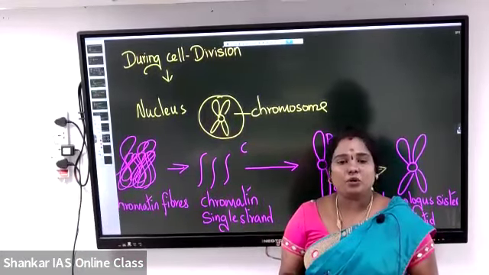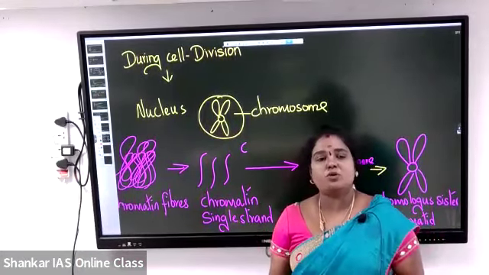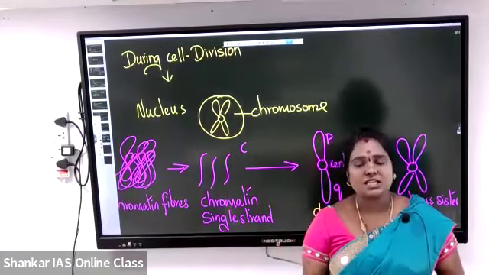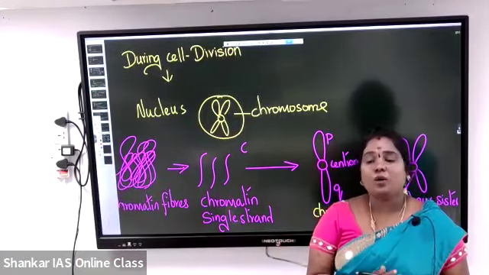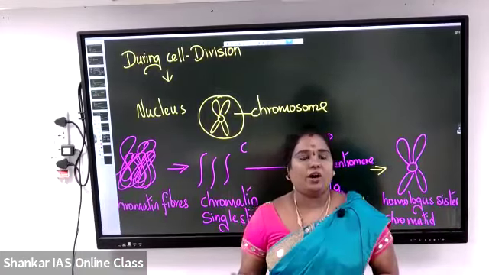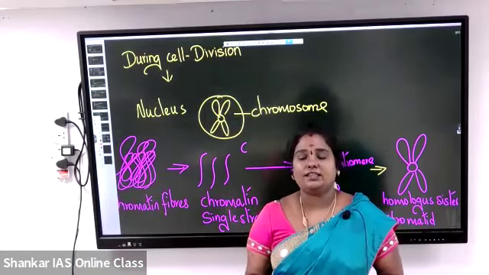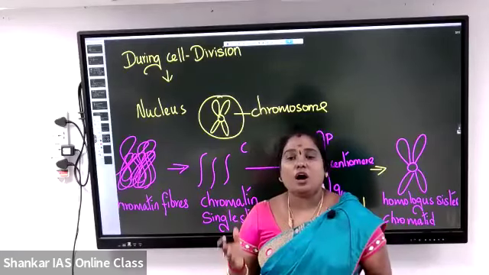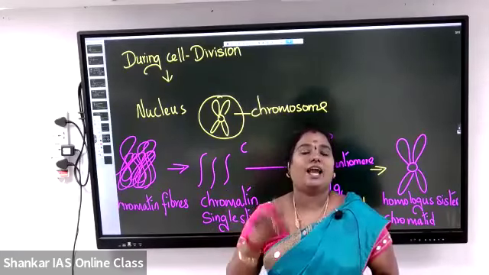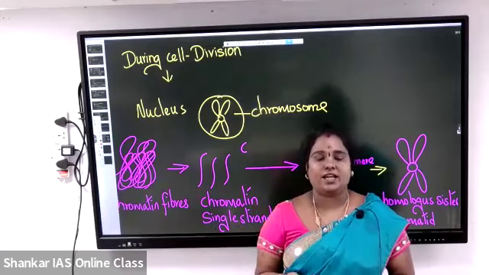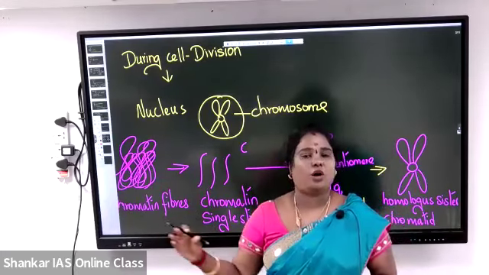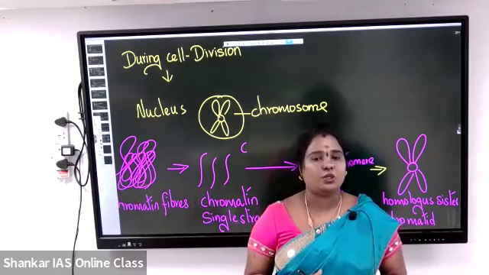So basically we know that the nucleus contains chromosomes, the chromosome contains genes, genes contain DNA. Now we'll have a crystal clear conceptual idea of the sequential order in which the DNA molecule is present.